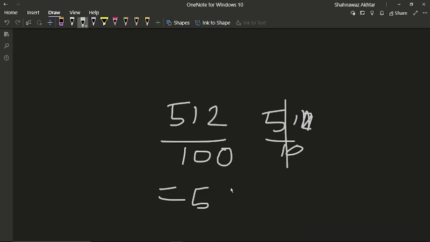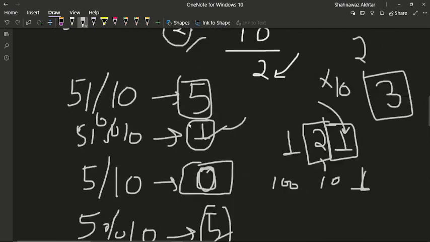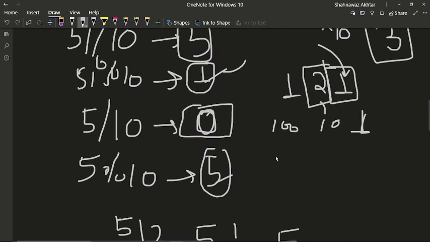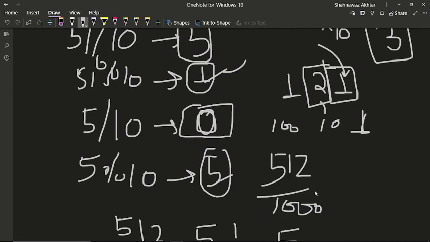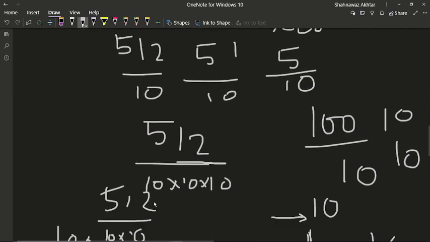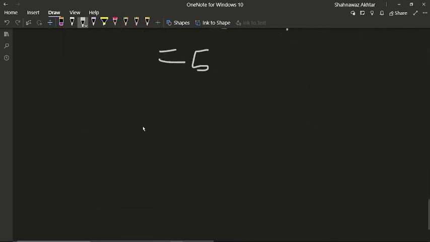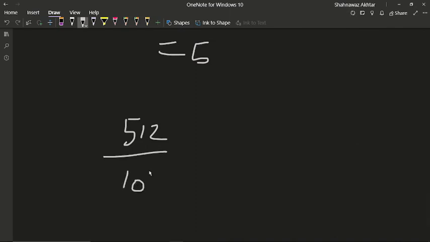Yes. So how many times do we need to divide in order to delete all the digits? Since it has three digits, we have to divide it by 1,000. Since it is asking whether it has three digits or not, we will write the number and then divide it by ten to the power of the number of digits. So ten power 3, what is it?